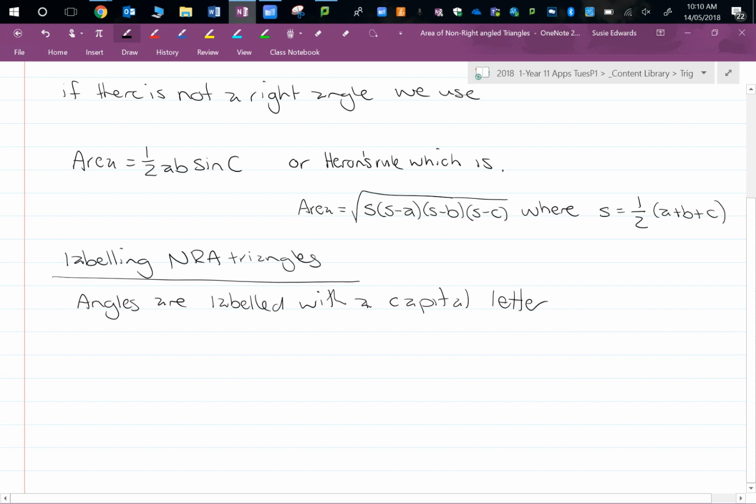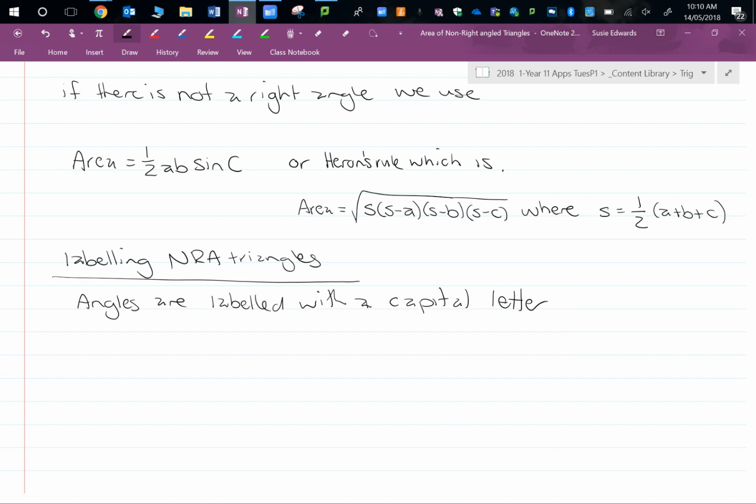What do you reckon sides might be labelled with? Lowercase letter. Now, the one thing we need to be aware of though is, you know how you can see that the angles opposite a side are kind of related to each other because of the size of them? So they're kind of corresponding to each other. So the angles opposite to the sides are actually labelled with the same letter, one being lowercase, one being uppercase.